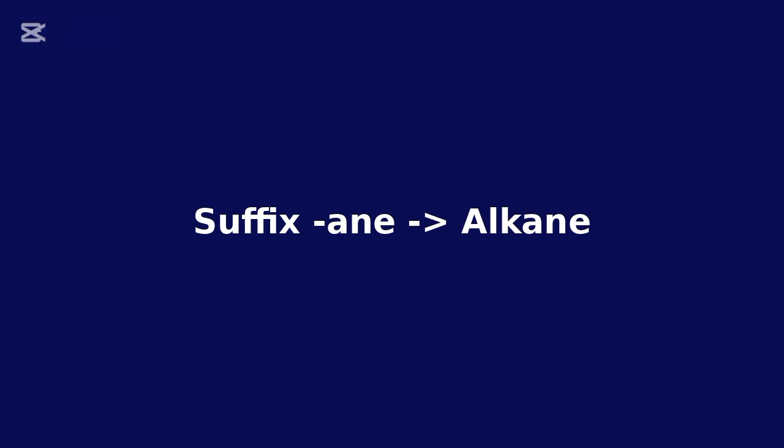For example, suffix like ANE is peculiar to alkane. Suffix like ENE is peculiar to alkene, those with double bond.